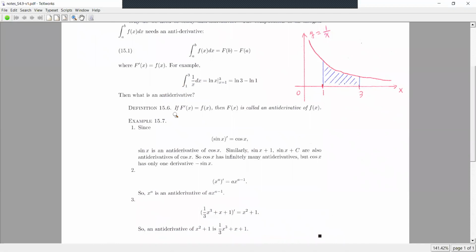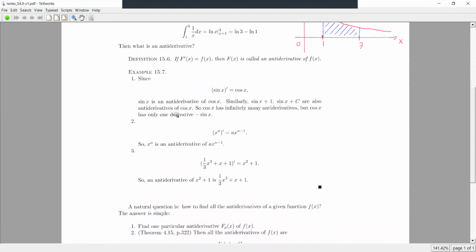Okay, here is the definition of antiderivative. Suppose we have two functions, little f and big F. If the derivative of big F is equal to little f, then we say that big F is an antiderivative of little f.